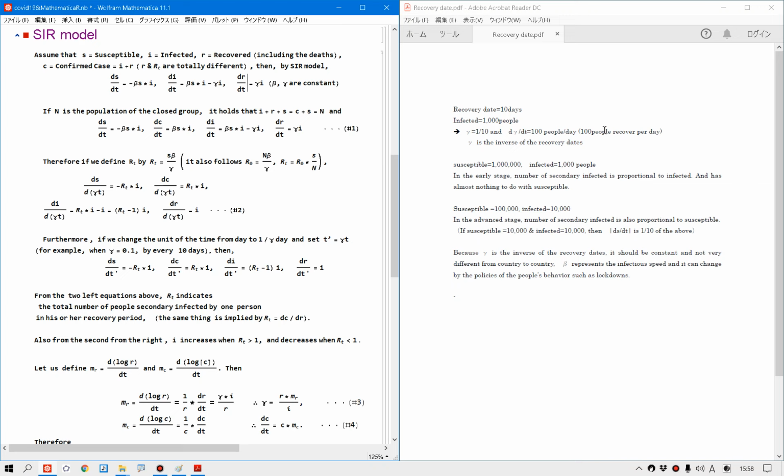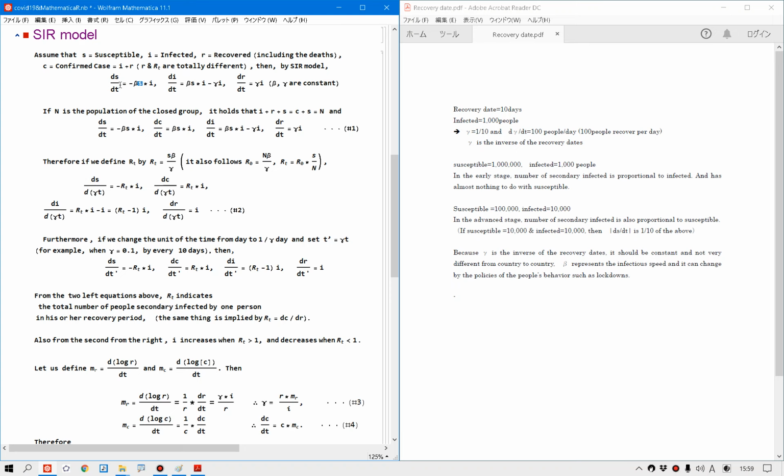That's what a scientist thinks. So gamma is the inverse of the recovery period. So it should be constant and not very different from country to country, okay? So next, move on to this equation. dS/dt equals minus beta S I. So the big difference is S here.